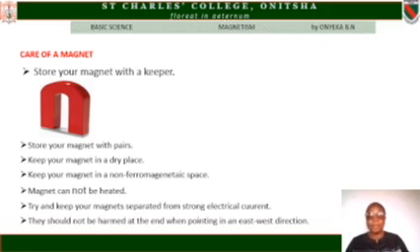You don't heat it. 6. Try and keep your magnet separate from strong electrical current, that is from electrical current or any circuit at all. You don't keep a magnet on your circuit. It will destroy the magnetism inside the magnet.